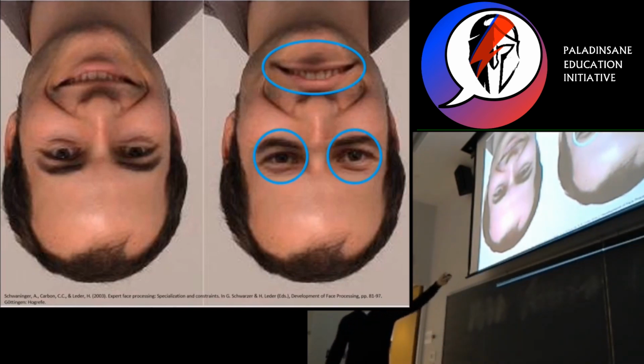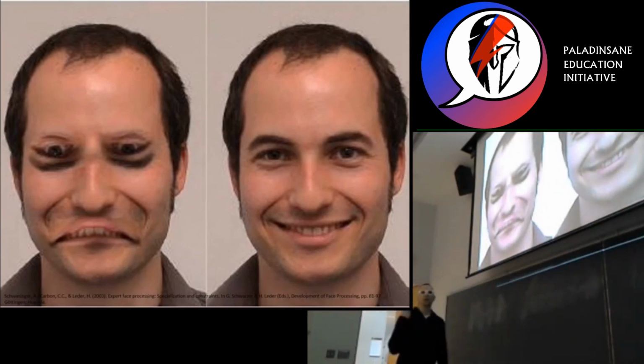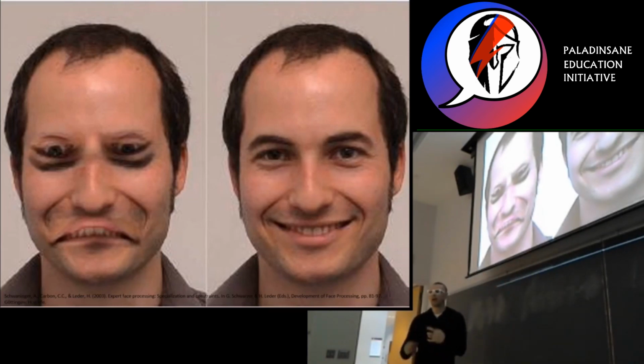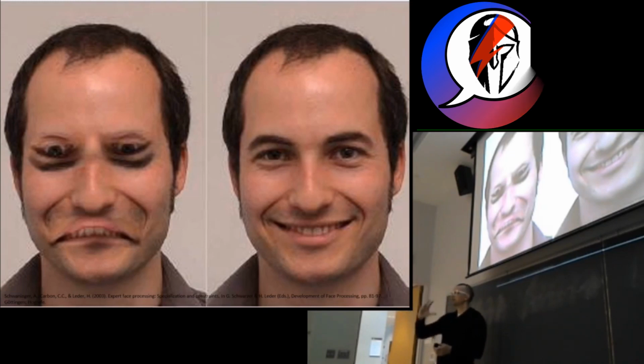Compare that to the upright face. We encounter this all the time, right? Like I said, 100% of the faces in this room, upright faces. So we have dedicated parallel processors that can process a face and take in all the information all at once. We don't have to take in the eyes and the nose and the mouth and the forehead piece by piece by piece.